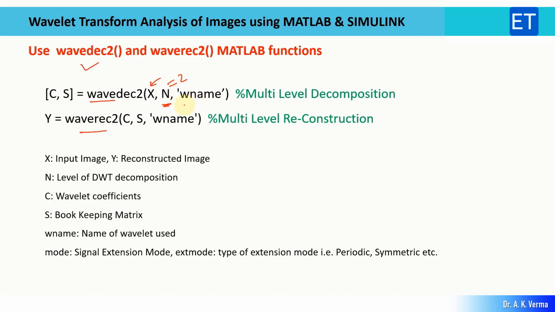And wname, you write the name of the wavelet which you are using to decompose the image X. And as output, you get 2 matrices, one is C and another is S. What are these? C is called the wavelet coefficient matrix, and S is known as the bookkeeping matrix. This is a little bit complex. I will show you what these matrices are in the next slide.